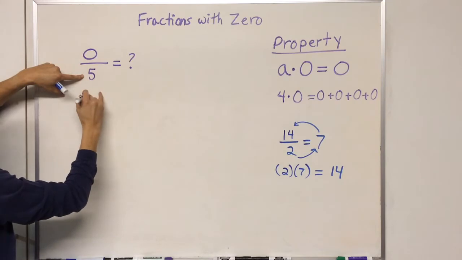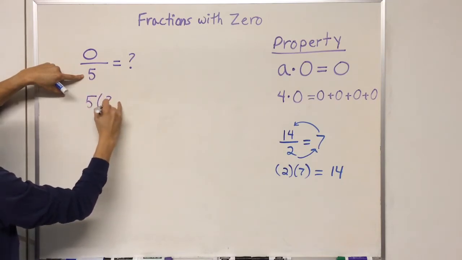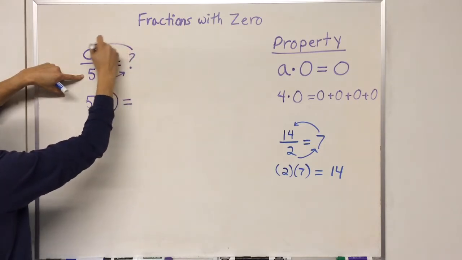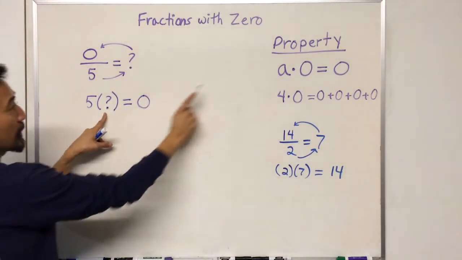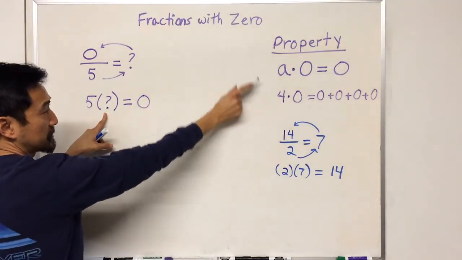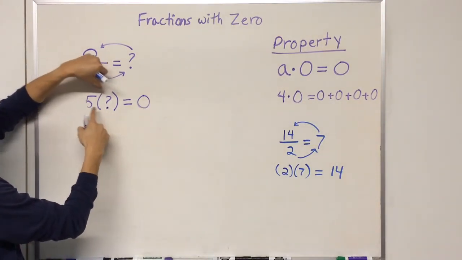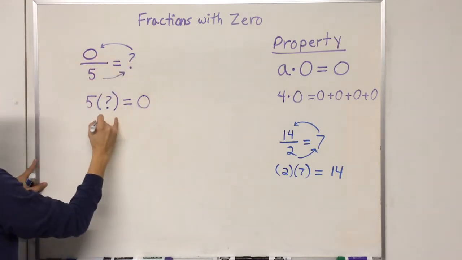So that would be 5 times the mystery number would then have to equal the 0 on the top. Okay? But we know from the property of real numbers that we just stated at the beginning of this video that that mystery number would have to be 0. Okay? Any number times 0 would give me 0. Okay?